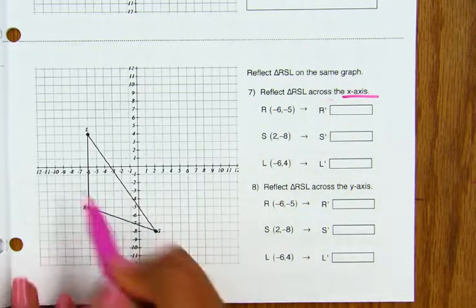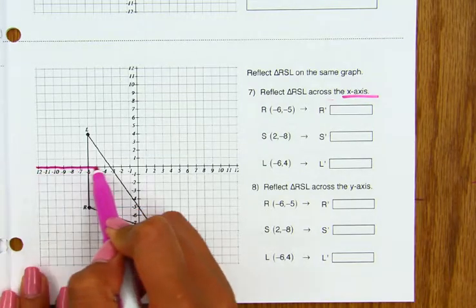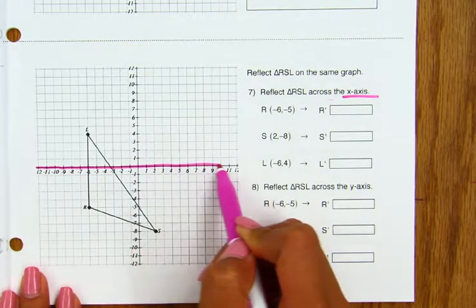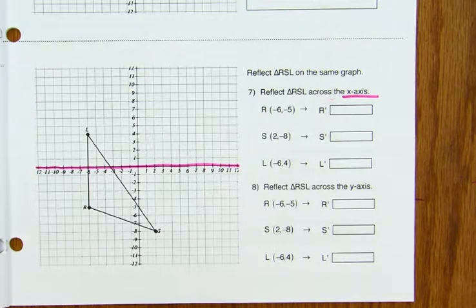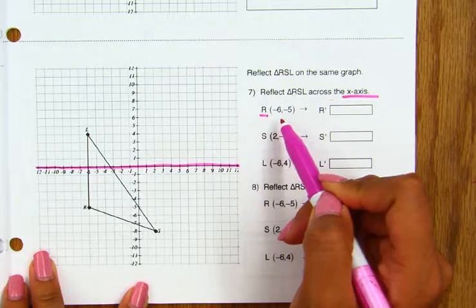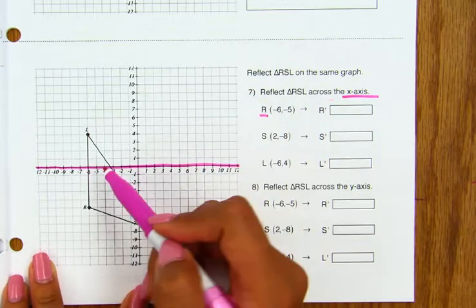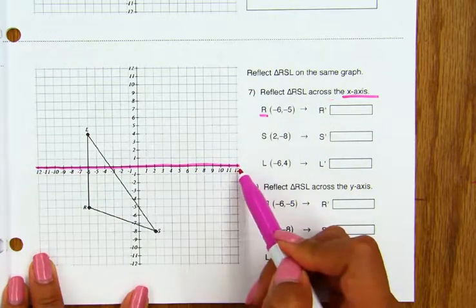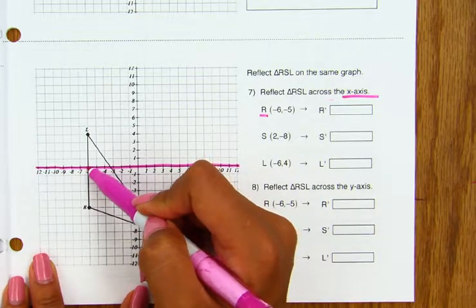To make things easy, I am going to first highlight my x-axis so I know what I'm referring to. I'm going to start with the letter R, which they conveniently gave me the ordered pair for. Starting at the line of reflection, which is the x-axis, I'm going to see where R is.